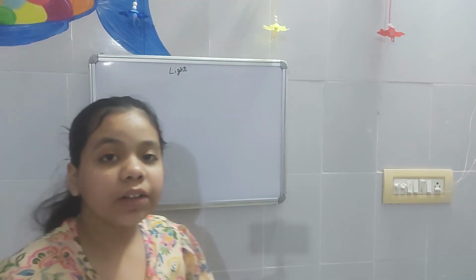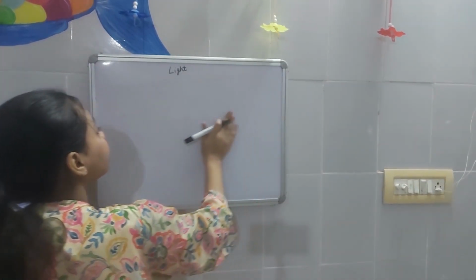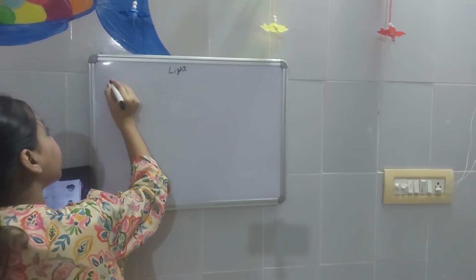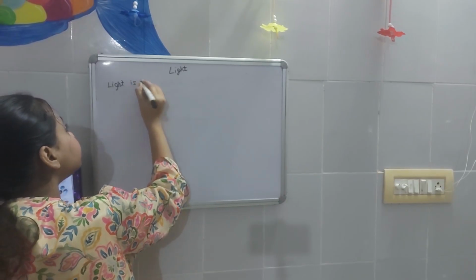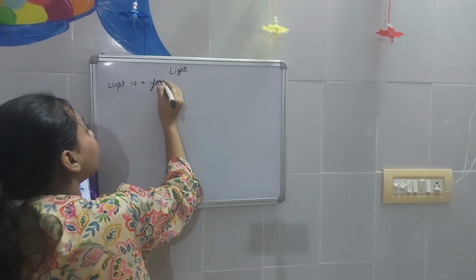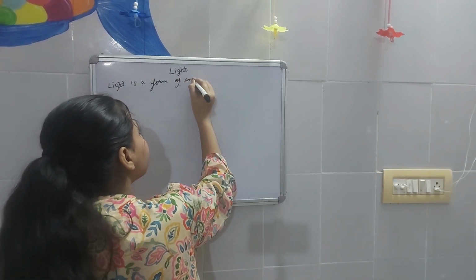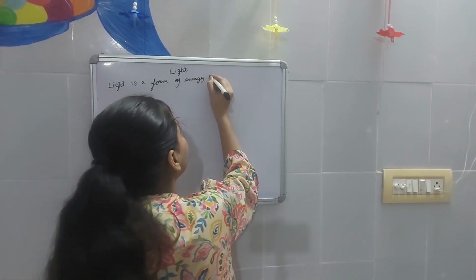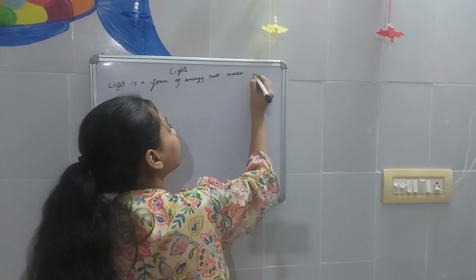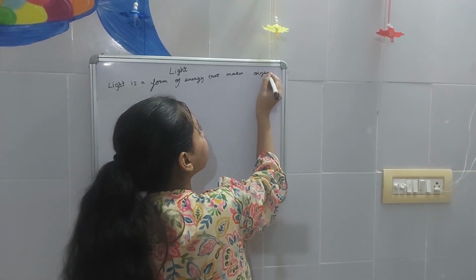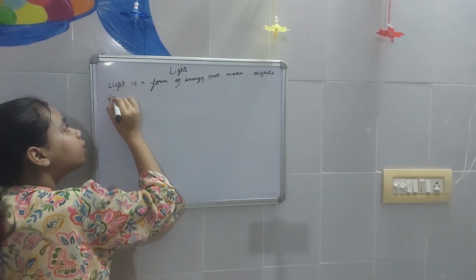Then the very main definition, if they ask in exams, is: light is a form of energy that makes objects visible to us, right?